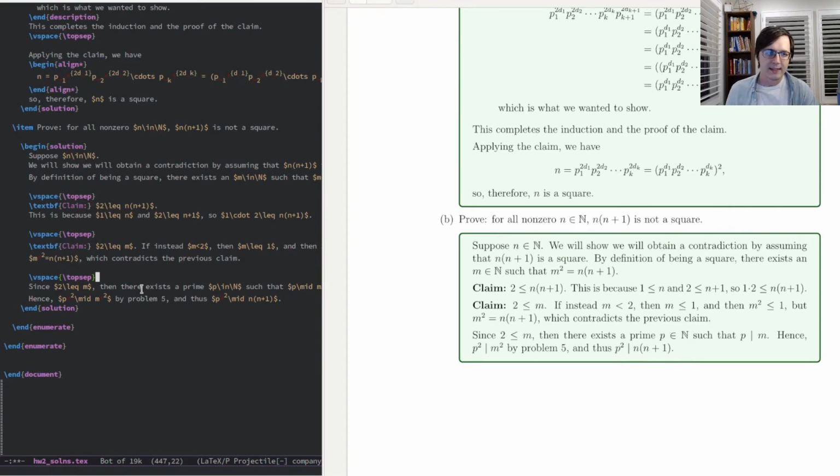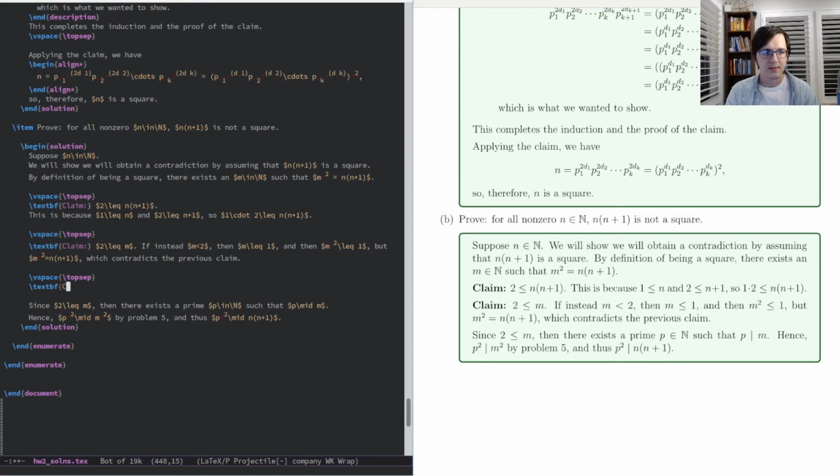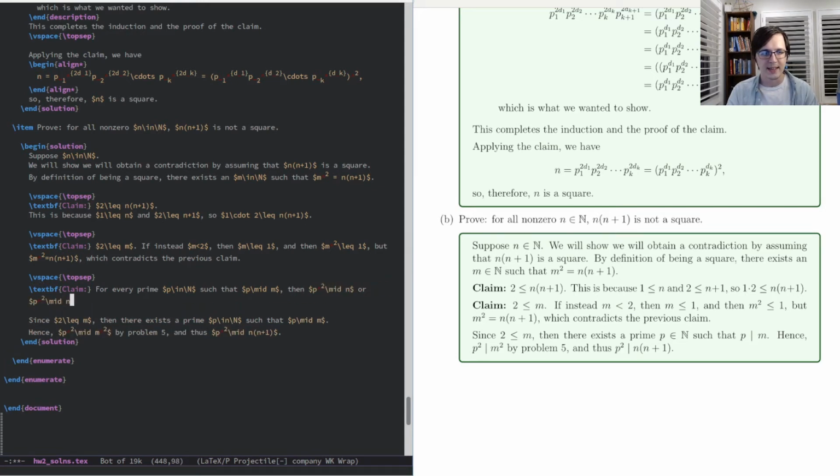Instead of there exists, let's change this to claim. For every prime p in n such that p divides m, all this other stuff, we will need it, I believe. But we just want this other statement first. So for every prime that divides m, then p squared divides n, or p squared divides n plus 1.